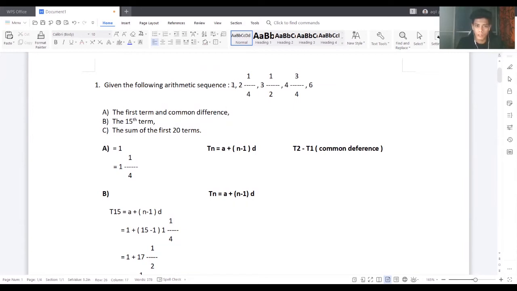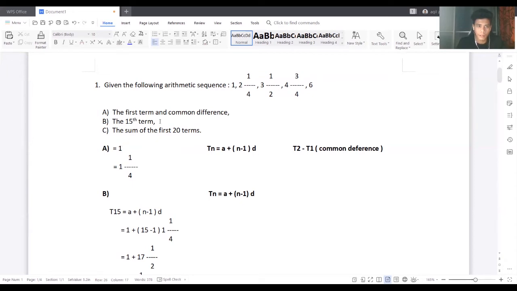So this is the first term, T1, this is T2, this is T3, this is T4, and this is T5. The question asks for the first term, which is T1, which is 1. So the answer will be 1.